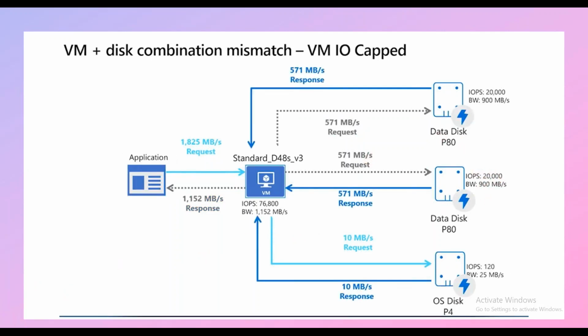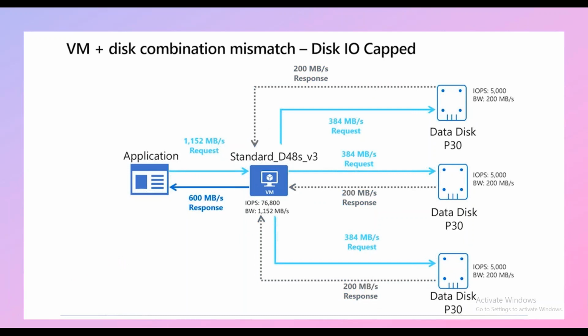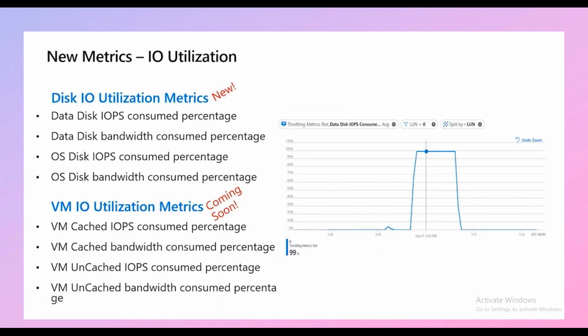So you have to choose the data disk smartly, in such a way that you are not limited in IOPS or bandwidth capacity at the disk level. You have to look into both: the virtual machine IOPS and bandwidth limitation, plus the disk. Sometimes you will end up getting performance-related issues like that.